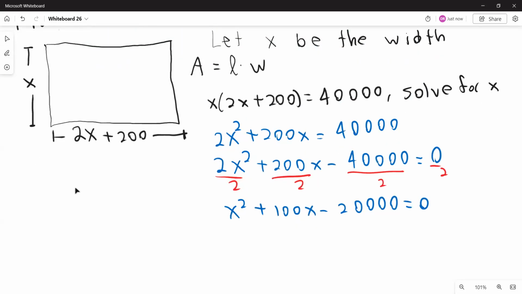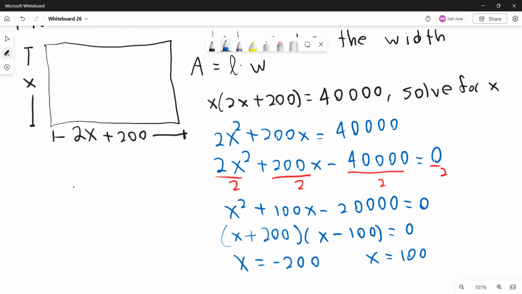So that's something we can do by factoring. When the leading coefficient is 1, the first terms are going to be x and x. And we want two numbers whose product is negative 20,000 and whose sum is 100. The numbers are going to be 200 and negative 100. So the solutions of this equation are going to be negative 200 and 100.